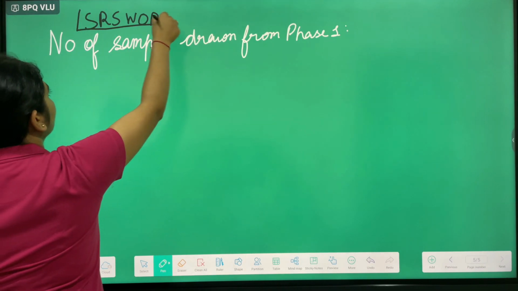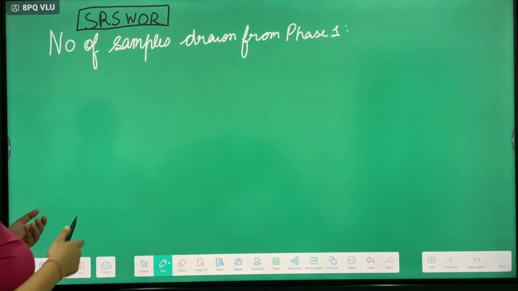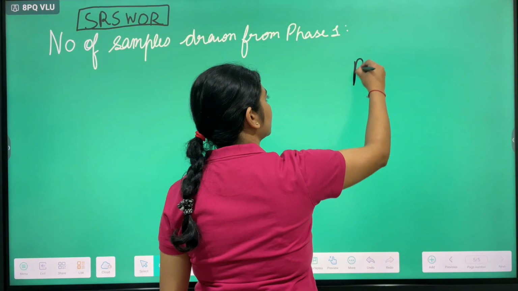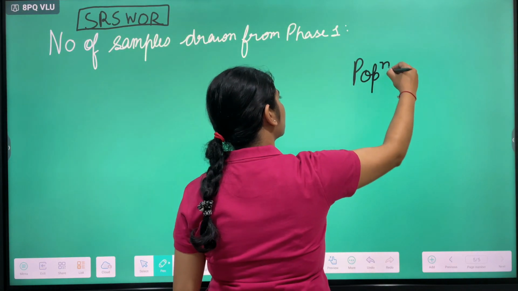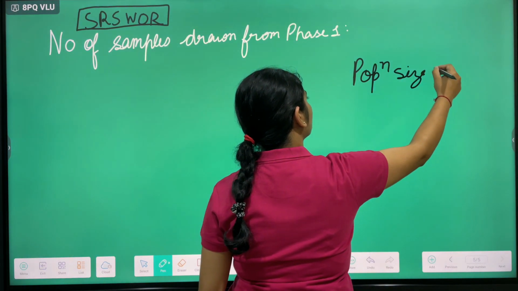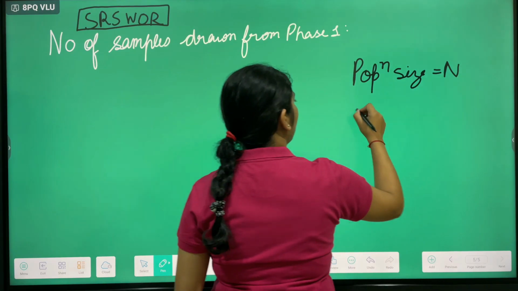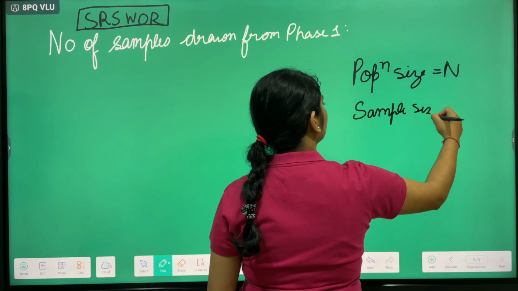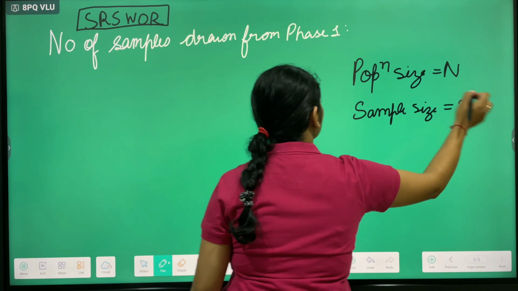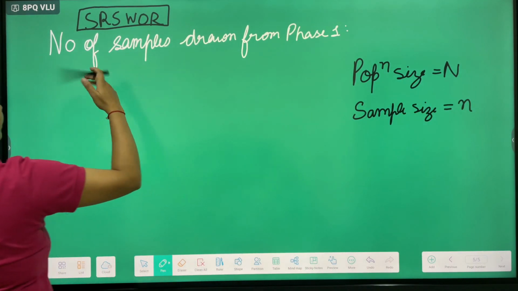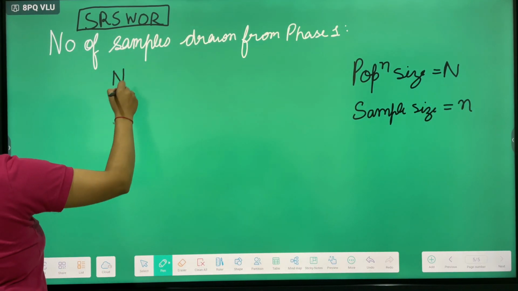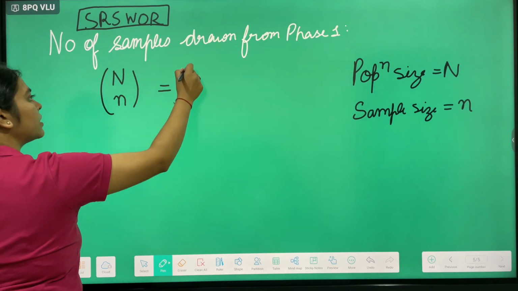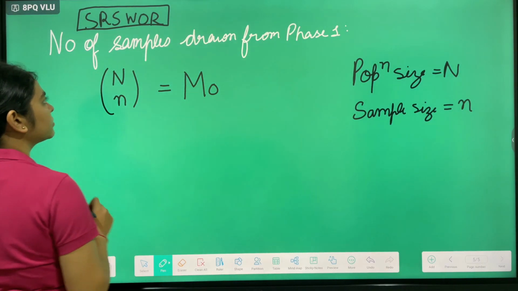So number of samples drawn from phase 1, population size capital N, and sample size small n, will be NCn. Let us consider this as M naught.